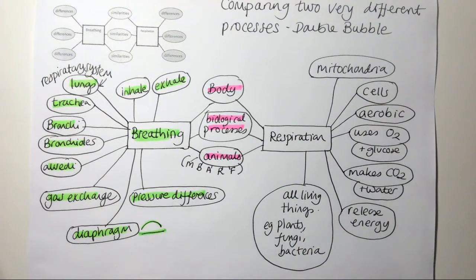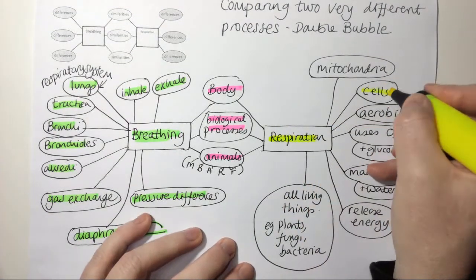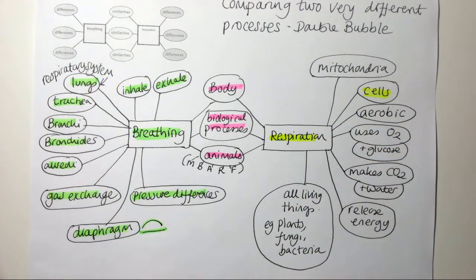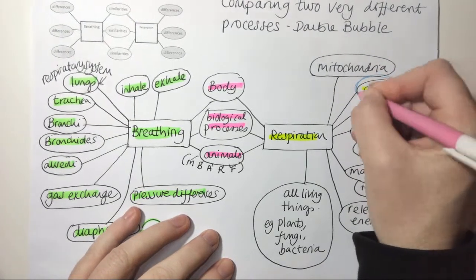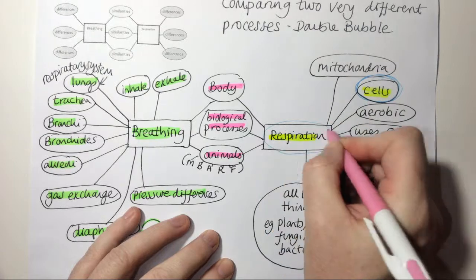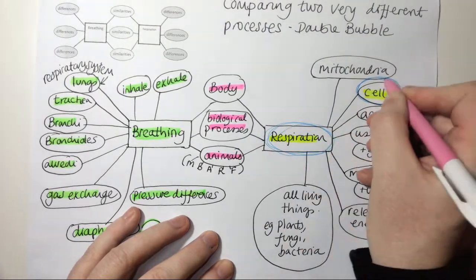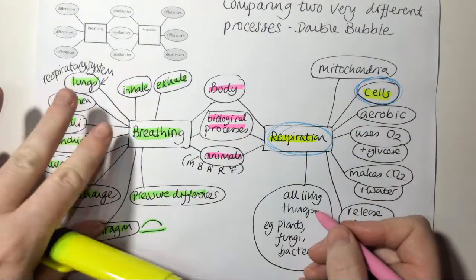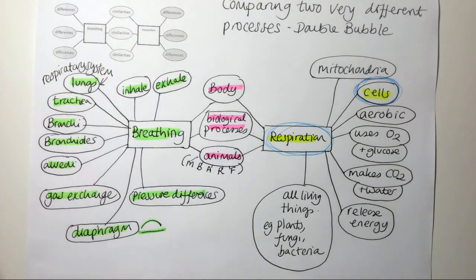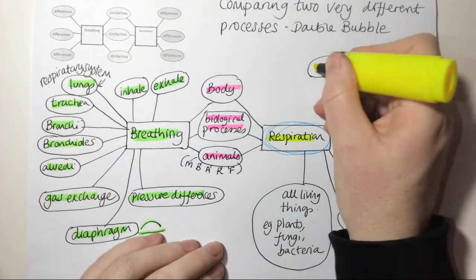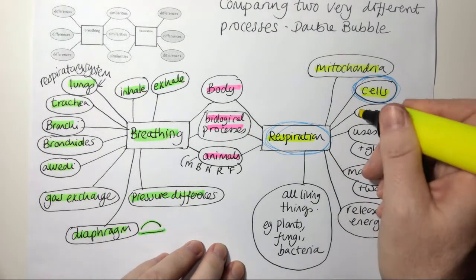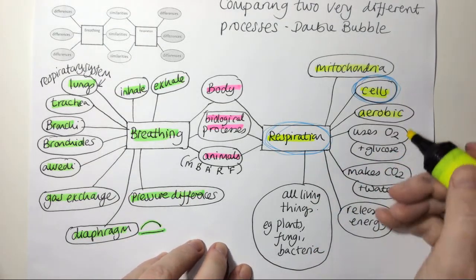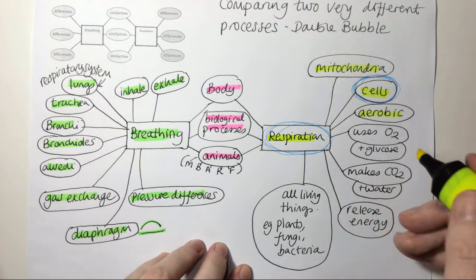Respiration, the most important thing to remember for respiration is this, that it happens in cells. That's the most important thing. If you don't remember anything else, please remember that respiration is nothing to do with the lungs. So the lungs is over there. Respiration happens in cells. Where in cells? Well, in the mitochondria. What type of respiration happens in mitochondria? Aerobic. What does aerobic respiration use?